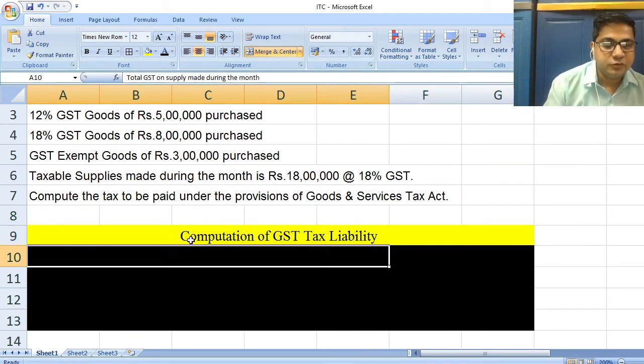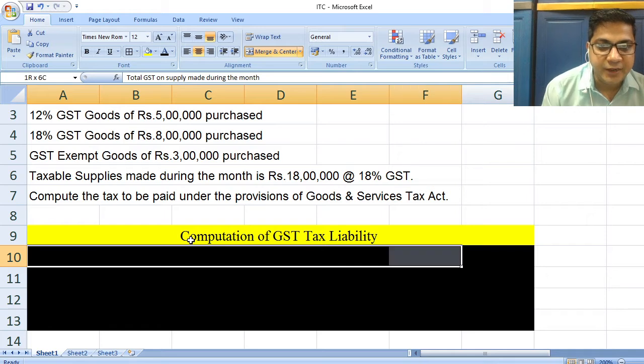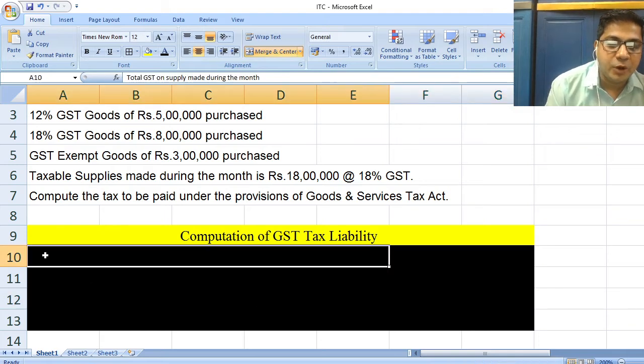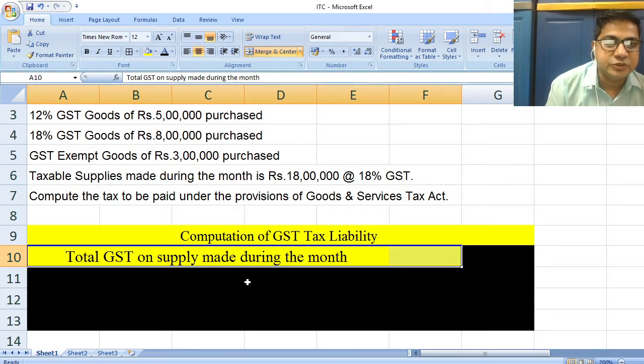First of all, we have to find out the total amount of GST on supply, meaning sale, made during the month.